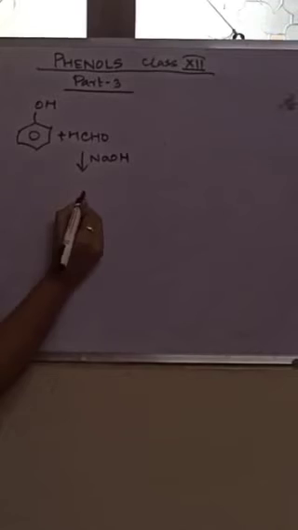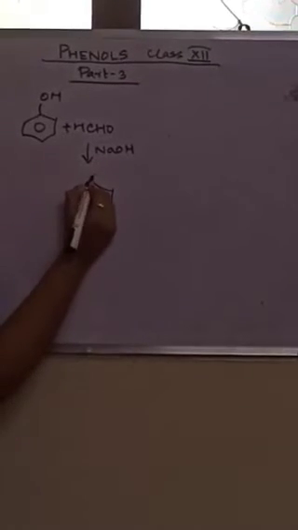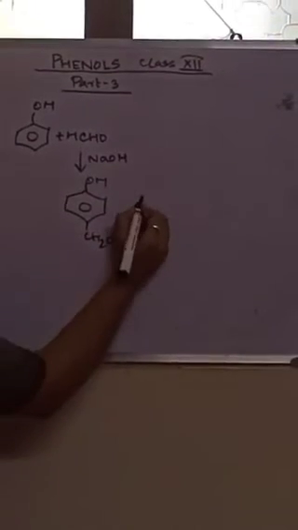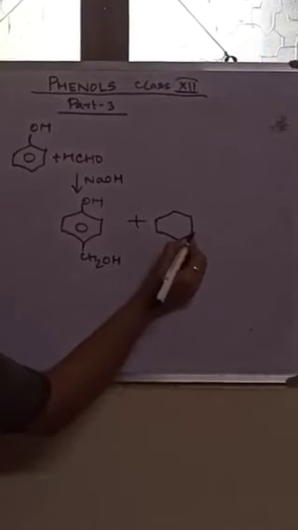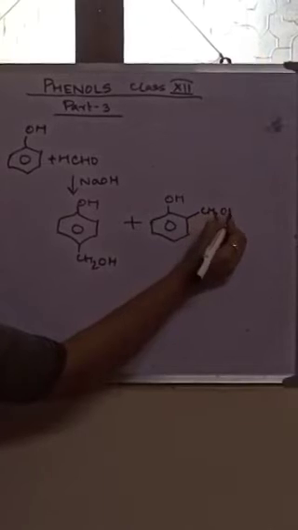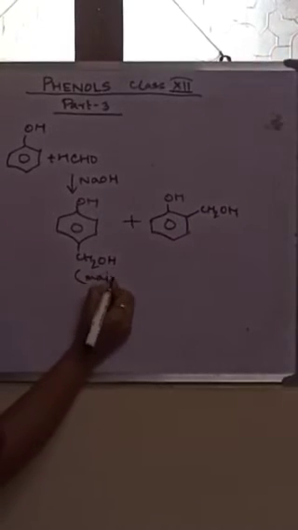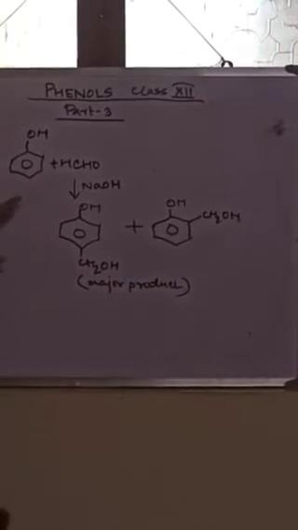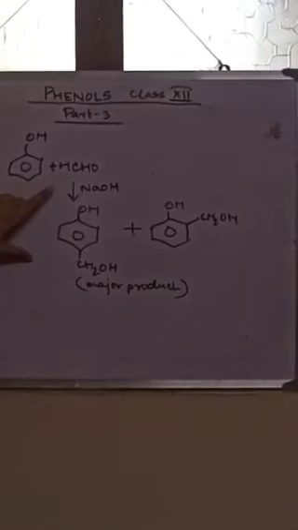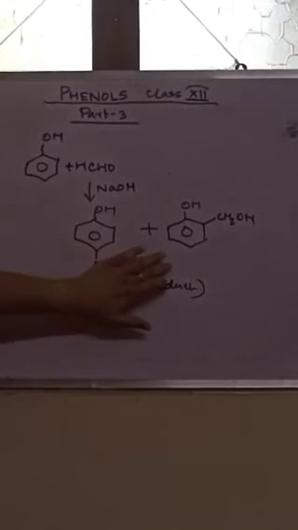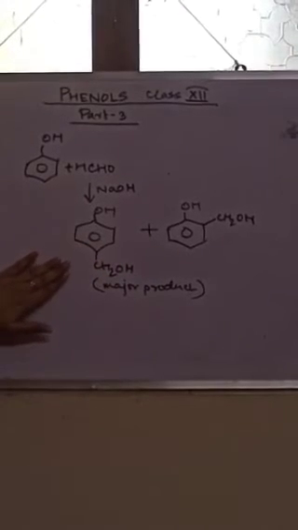Temperature should be kept low. We will get a mixture of ortho and para isomers, where para isomer is the major product. When phenol is condensed with formaldehyde in presence of dilute alkali at low temperature, we will get a mixture of para and ortho isomer. Para isomer is the major product here.